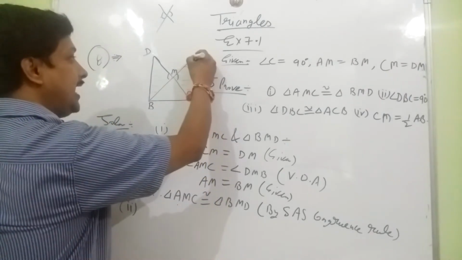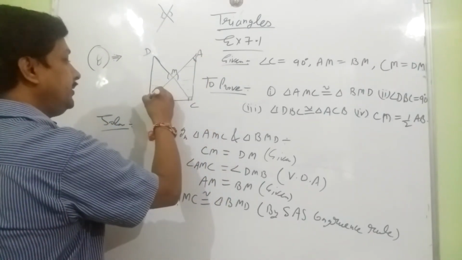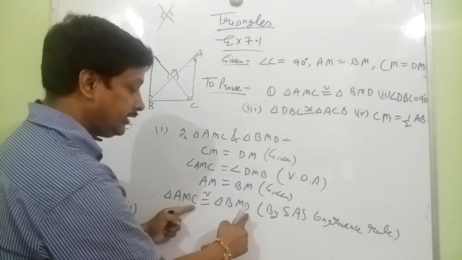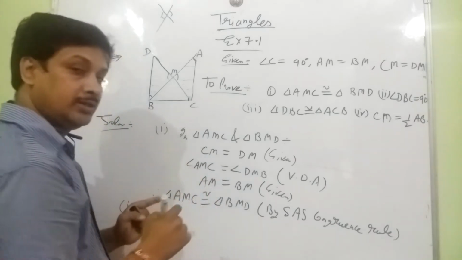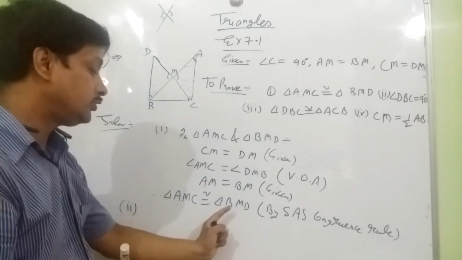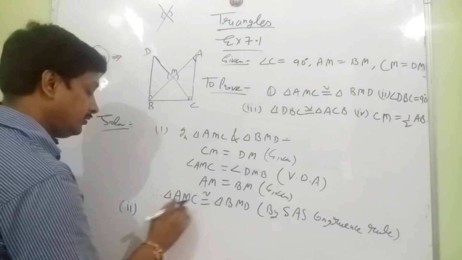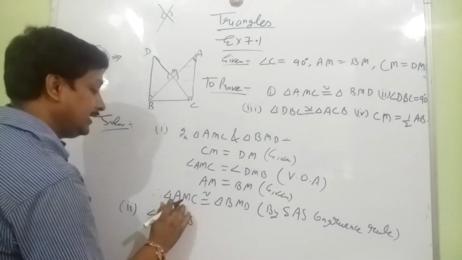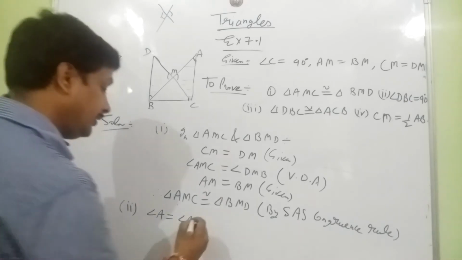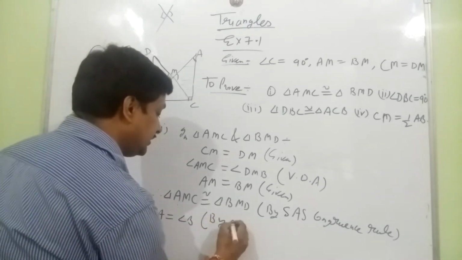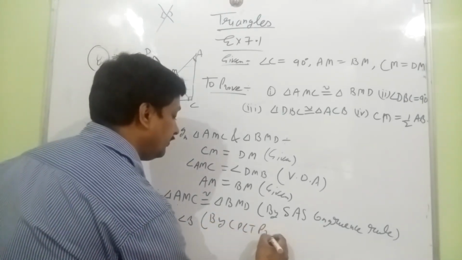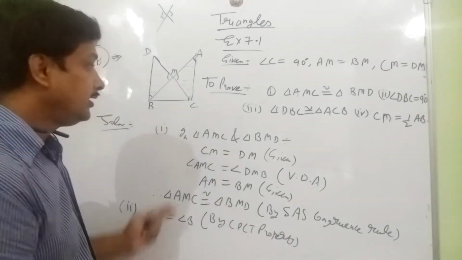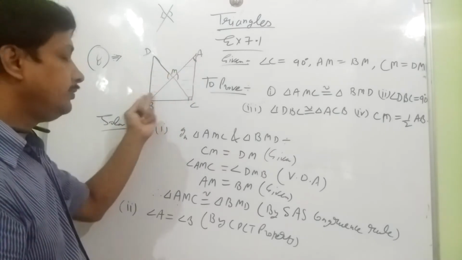What it means? Angle A will be equal to angle B, and angle C will be equal to D, M is equal to M. So angle A is equal to angle B because their locations are the same. Angle A is corresponding to angle B by CPCT property, because these triangles are congruent, so their corresponding angles will be equal.